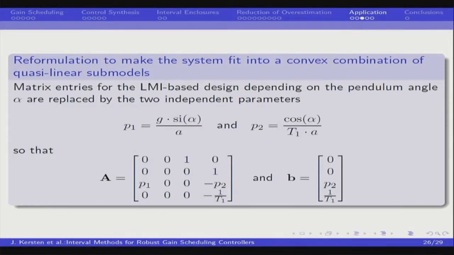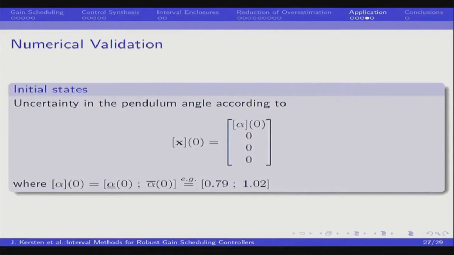And that means we introduce these two independent parameters and rewrite our system matrix as such. For the initial state, we just set the angle of the pendulum unequal to 0, and the rest of the states were set to 0.